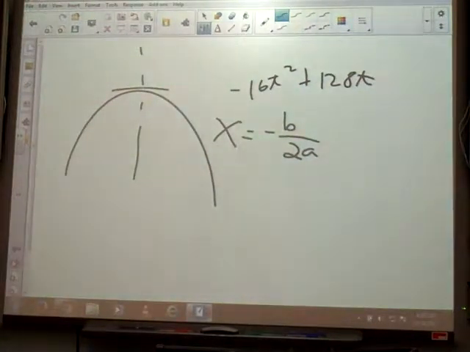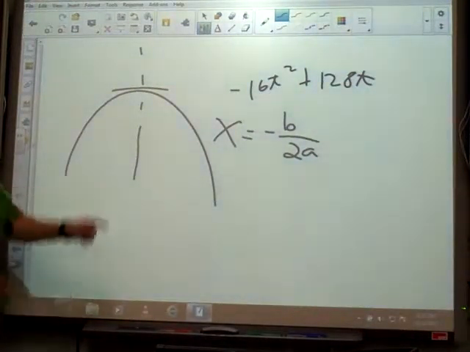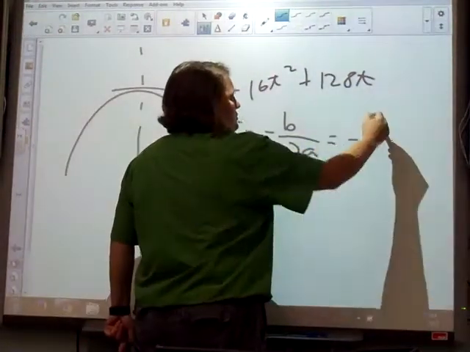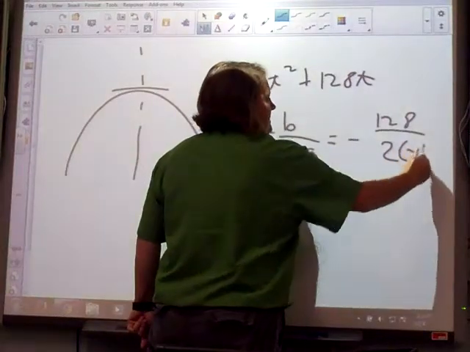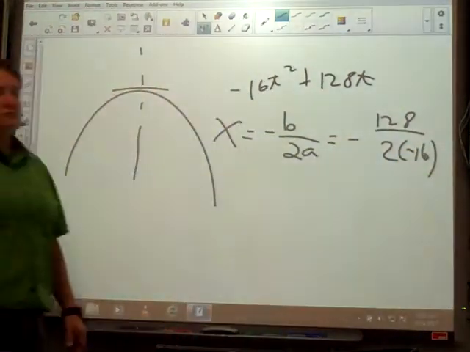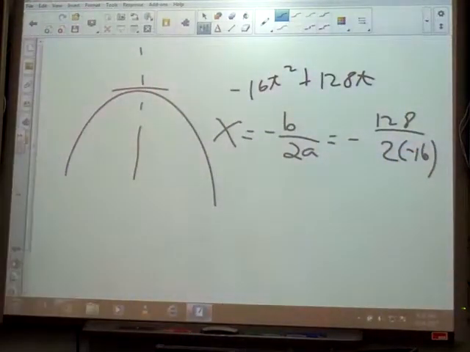Okay, so we're going to first off plug our stuff in there. So I've got negative 128 over 2 times negative 16. What do you get for x there? 128 divided by 32 is what you're looking for.